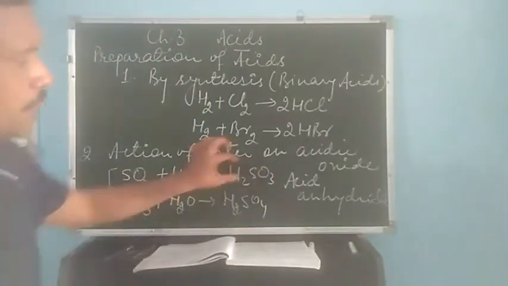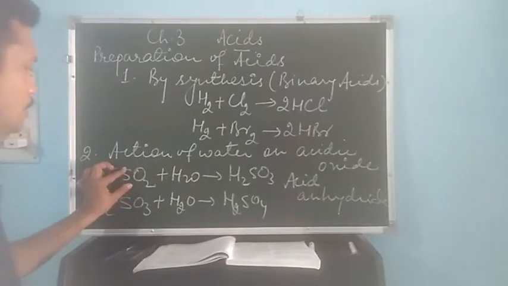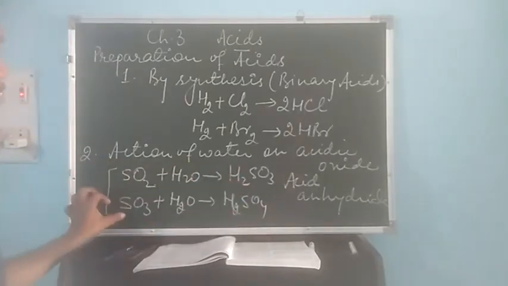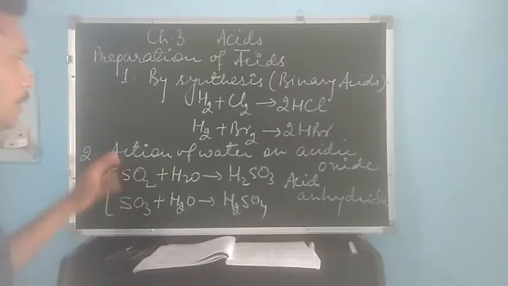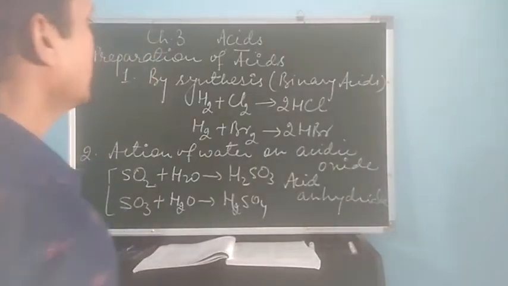So we can say for sulfurous acid, the acid anhydride is sulfur dioxide, and for sulfuric acid we have the acid anhydride sulfur trioxide. Let us see some more acid anhydrides that can give acid.